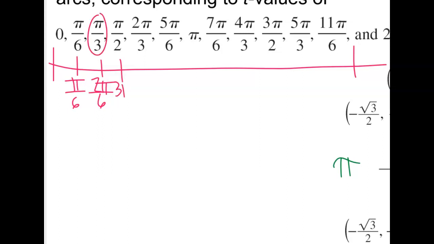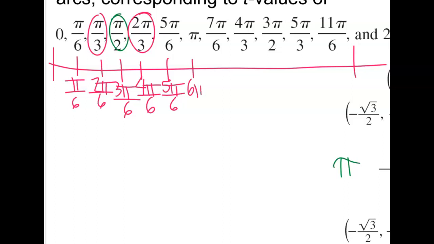The next will be 3 pi over 6, which simplifies to pi over 2. And in fact, we have that one already there in color green. And then the next segment will be 4 pi over 6, and that one simplifies to 2 pi over 3. And then we have 5 pi over 6. That one is already in reduced form. Then 6 pi over 6. We divide 6 over 6 and we will get pi. That is one of the quadrantal angles.